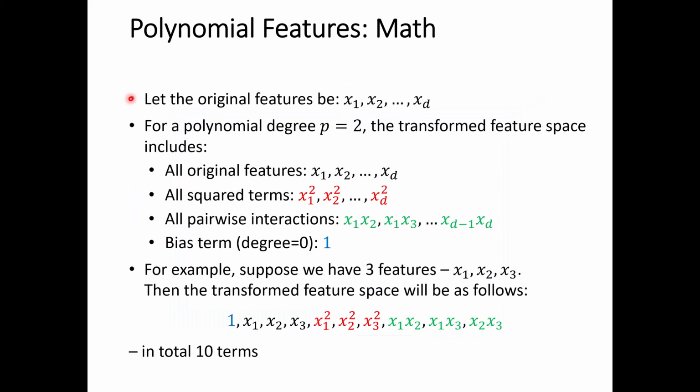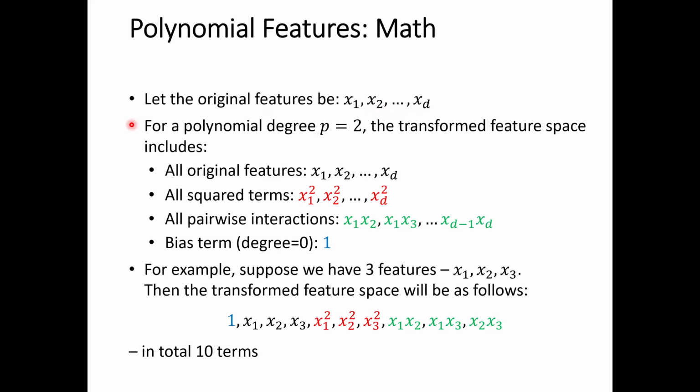Now let's try to generalize this idea and write down in mathematical form how polynomial features are introduced. Let's say our original features are x1, x2, and so on up to xd.